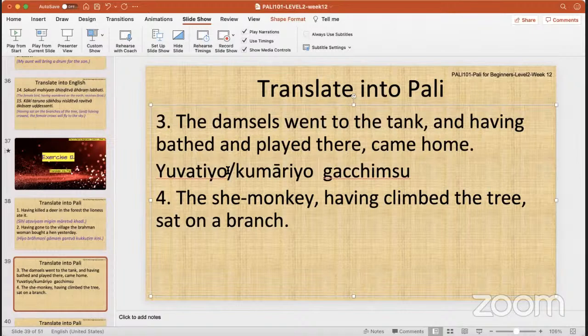Why not Chatuthi, and why Dutiya for "to the tank"? Chatuthi is dative, to and for. We are giving something. Dutiya is the object of locomotion. When we are going somewhere, the destination is in Dutiya. That's very important for you to remember. Sometimes you say to the village, or to the tank, or to the tree.